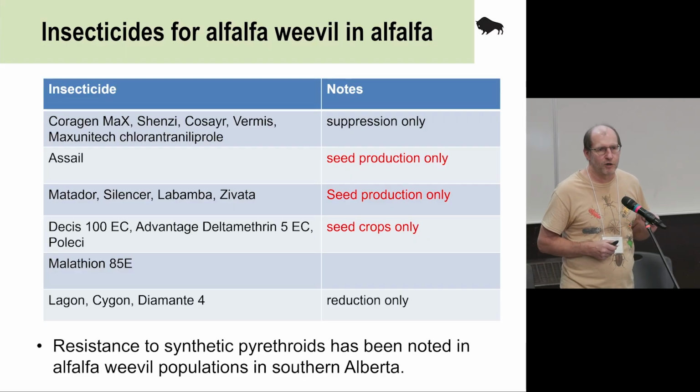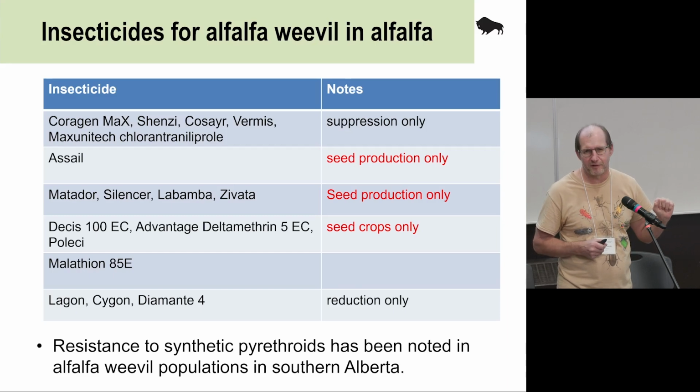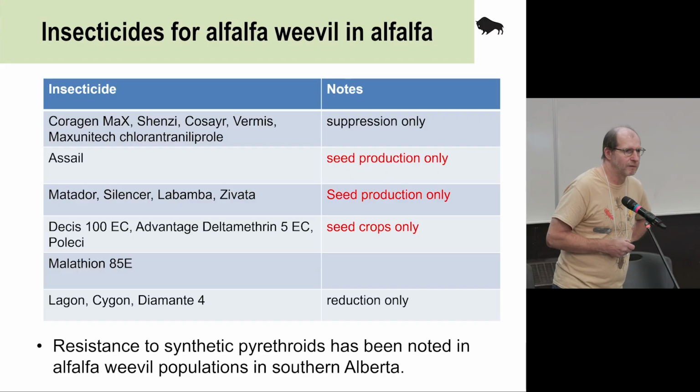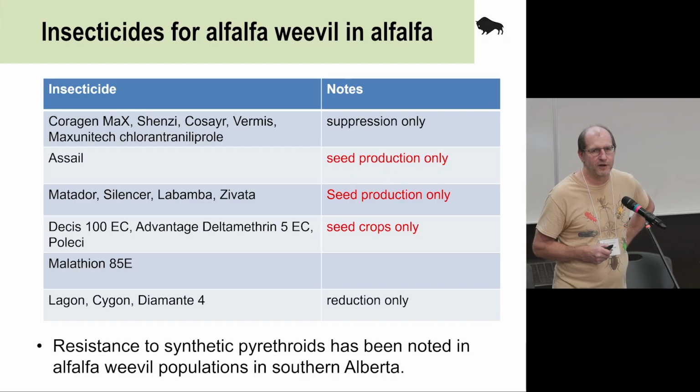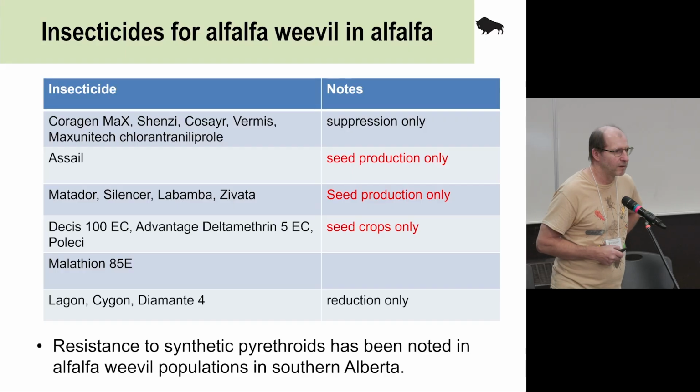Coragen is a really, really good product on Lepidoptera and grasshoppers. For the beetles, it works well on some, but on others it's basically suppression. And unfortunately, alfalfa weevil is one of those. You will get some kill, but don't expect to see nothing left. It doesn't work the same way it does on your caterpillars and grasshoppers.